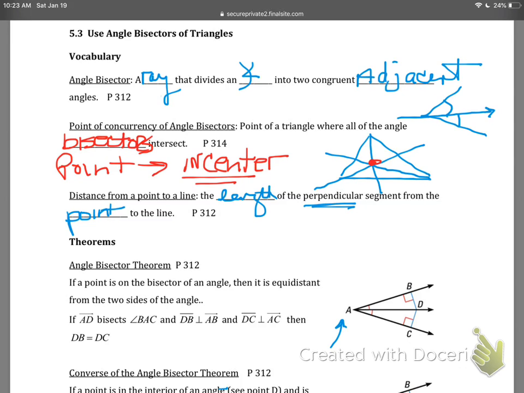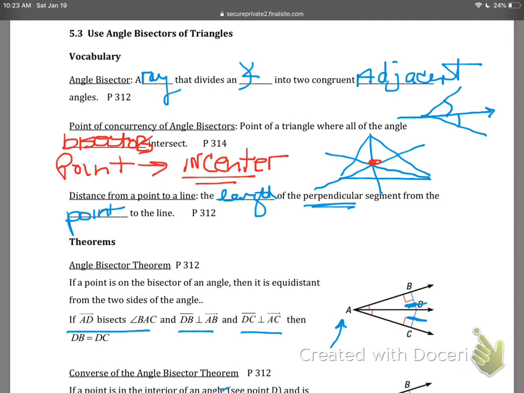So this has to occur, this has to occur, and this has to occur. So if all those three things happen, then we can say that DB, right here, that segment, equals DC. Okay, you cannot say that unless these other three pieces that I've underlined occur.